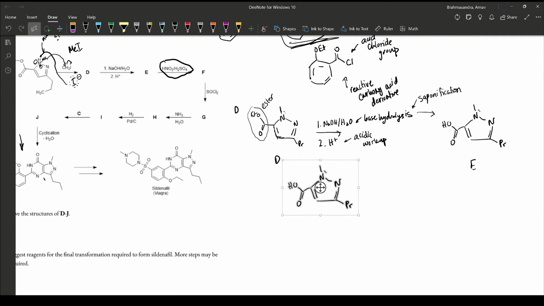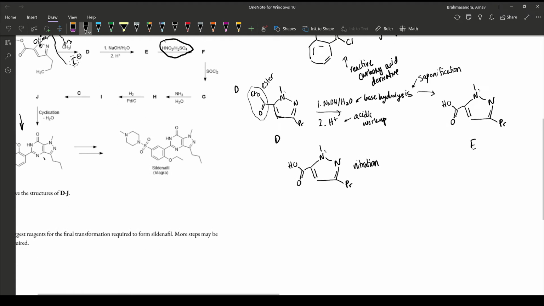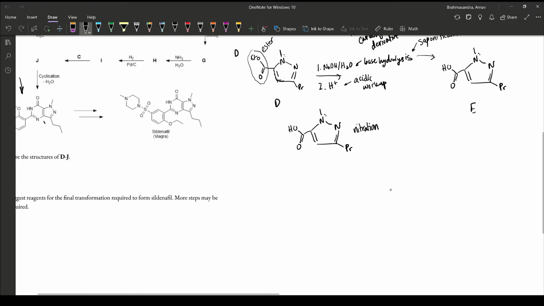Nitric acid and sulfuric acid, you might have seen those reagents when we talk about nitration of benzene. Nitration of benzene, for example, is when we use these reagents and we get a nitro group on benzene. So we get something that looks like that.